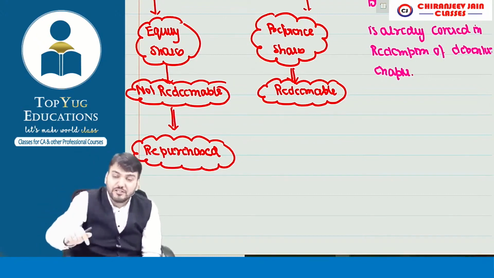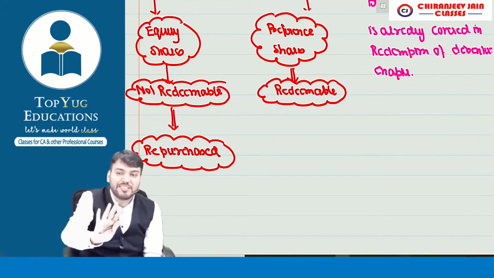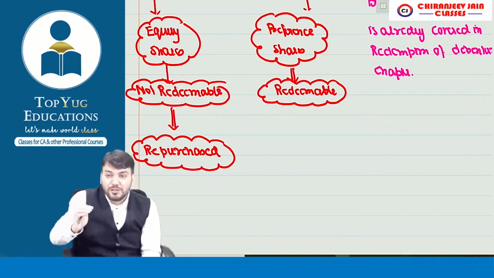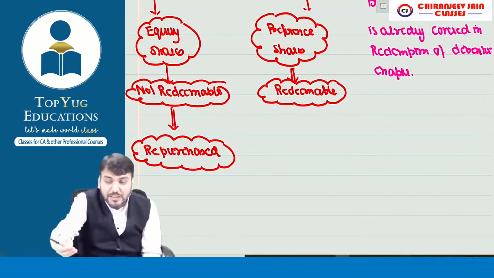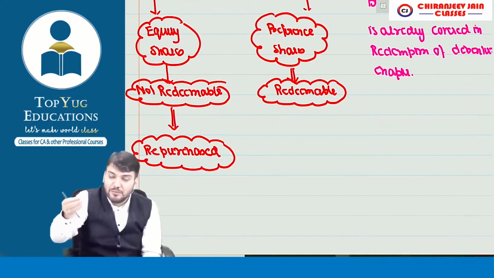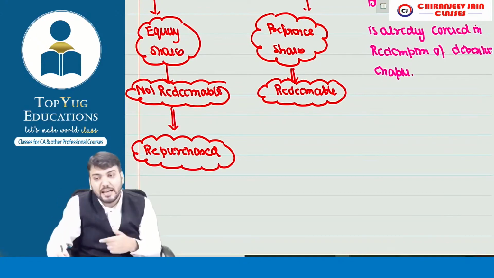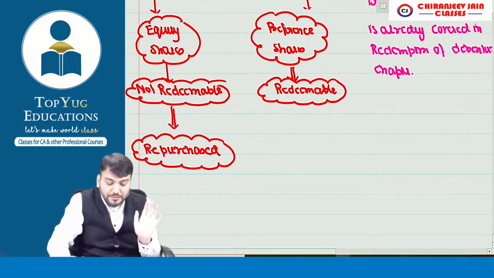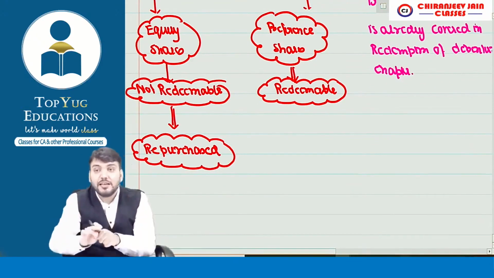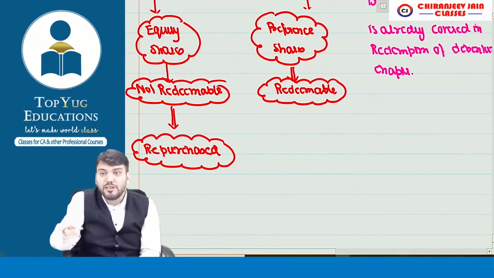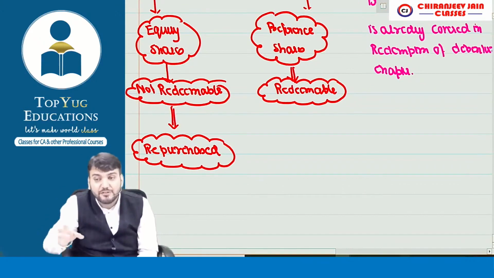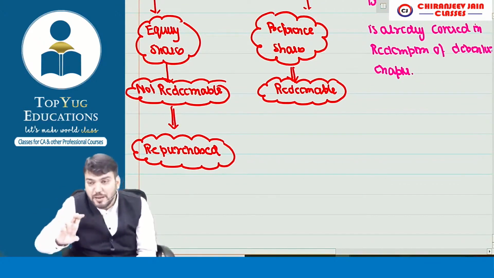We can purchase only if the equity shareholders want to sell their shares. Means we need to give an offer to the existing shareholders. If they want to sell their shares, then it can be repurchased by the company. Are you getting what I am saying? Redemption is known at the time of issue only, but buyback is a special situation which may arise during the lifetime of the company.